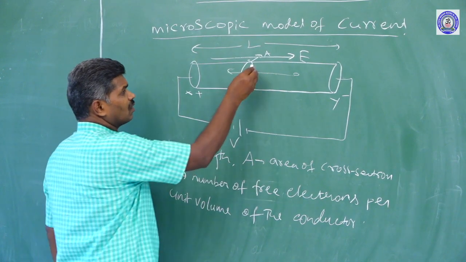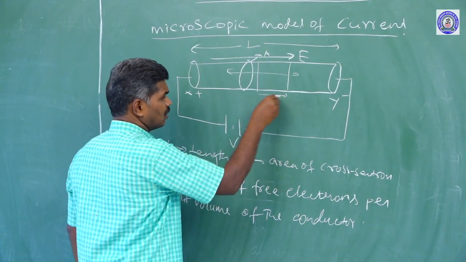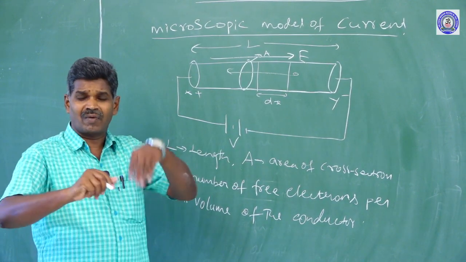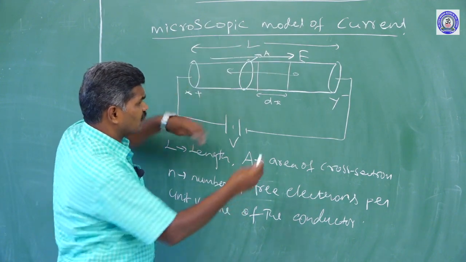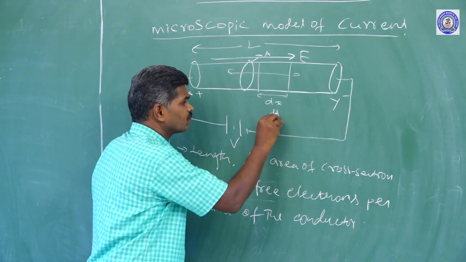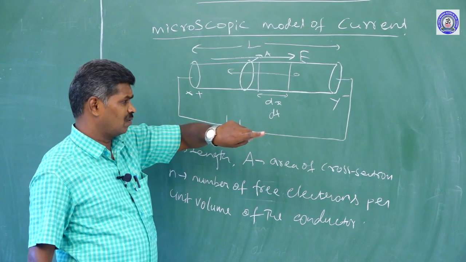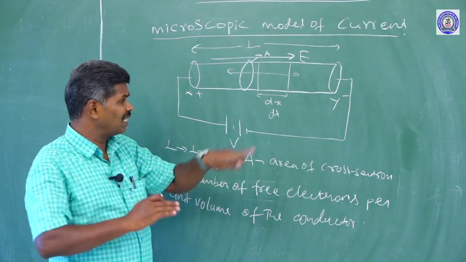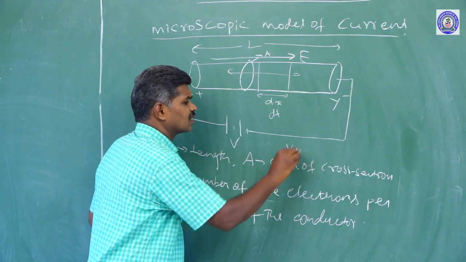For that, we take a certain length of the conductor, that is dx length. A certain number of free electrons move from one end to the other over the dx length in a time dt. In a time dt, a certain volume of free electrons travels a distance dx with the drift velocity.